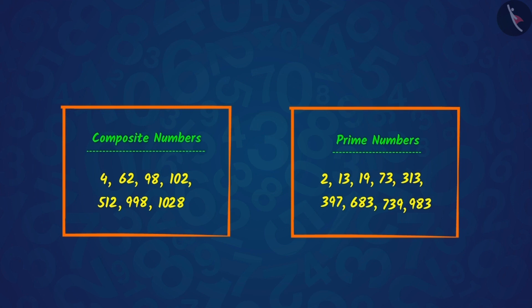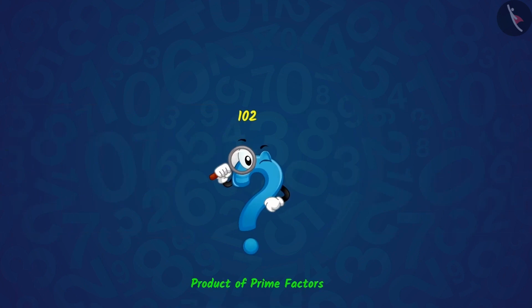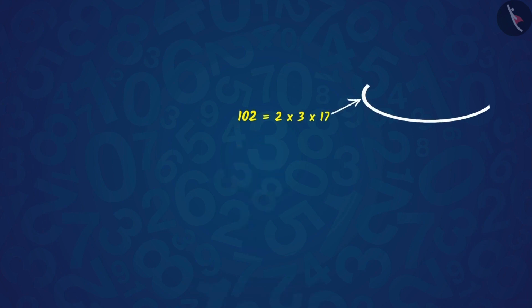Now if we choose any one of these numbers, suppose 102, and proceed, then can you write 102 as the product of its prime factors? 102 can be written as the product of its prime factors, that is 2, 3 and 17.